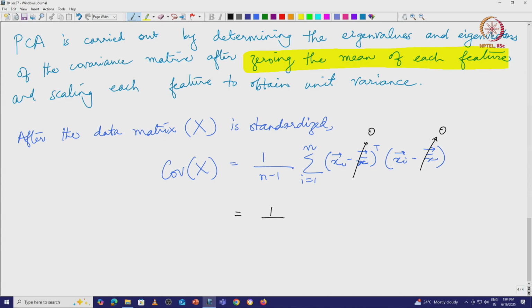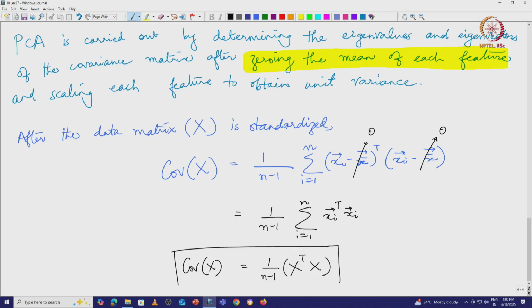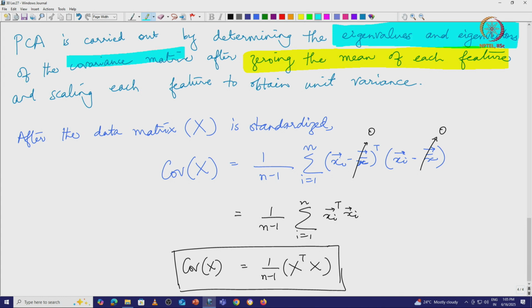So, what you get is 1 over n minus 1 sum i going from 1 to n of xi vector transpose times xi vector, and this in matrix notation is simply X transpose X. Okay, so, the covariance matrix of X after standardization is just 1 divided by n minus 1 multiplied by X transpose X, right. So, in PCA what we are doing is we are determining the eigenvalues and eigenvectors of this particular matrix, of the covariance matrix.